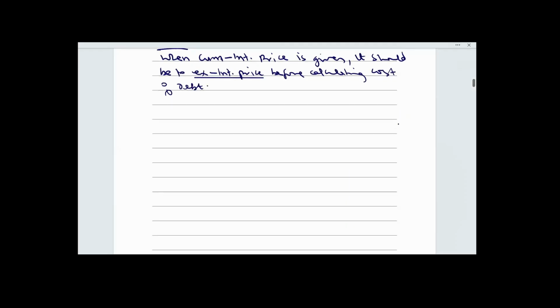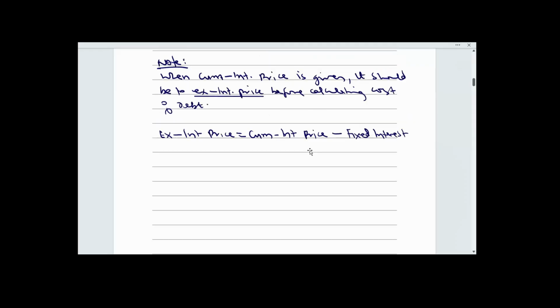Therefore, ex-interest price is calculated as cum-interest price minus the fixed interest. This will give you the ex-interest price.